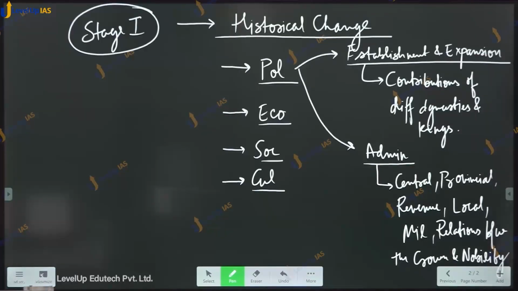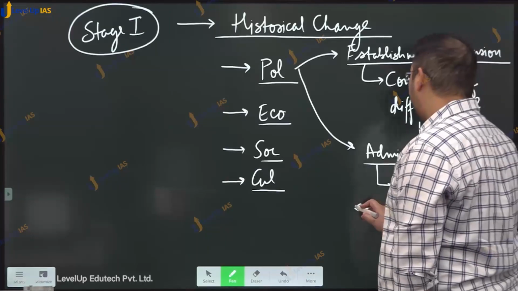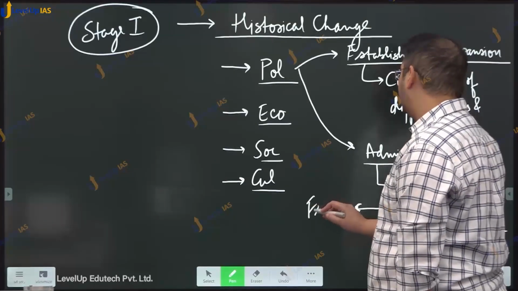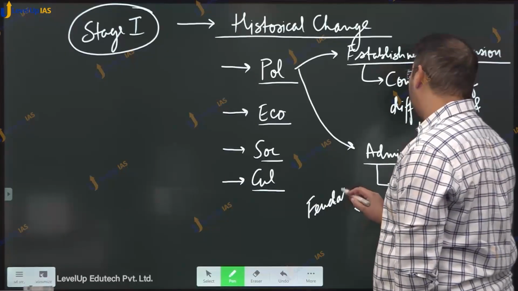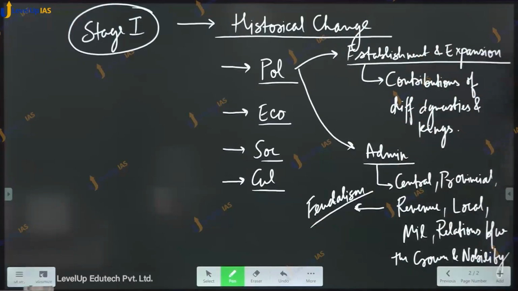We are also going to address the existence of elements of feudalism and how this institution evolved during the entire period of the medieval age.